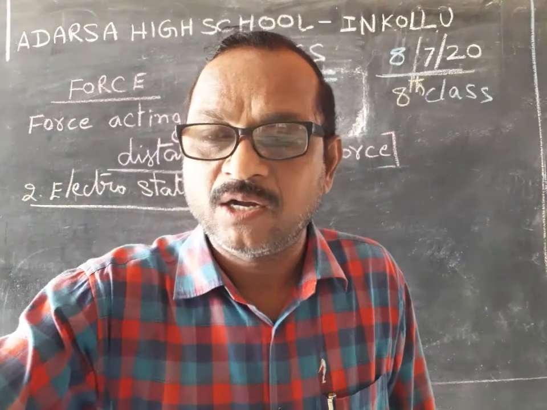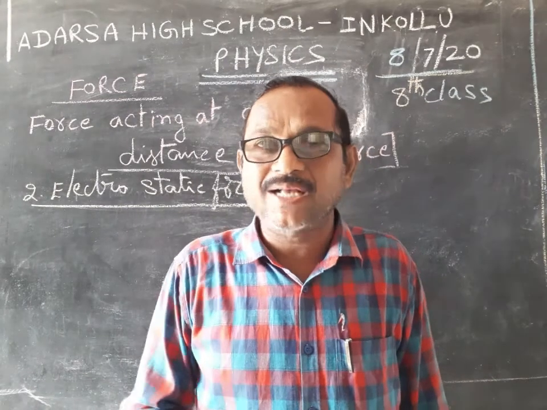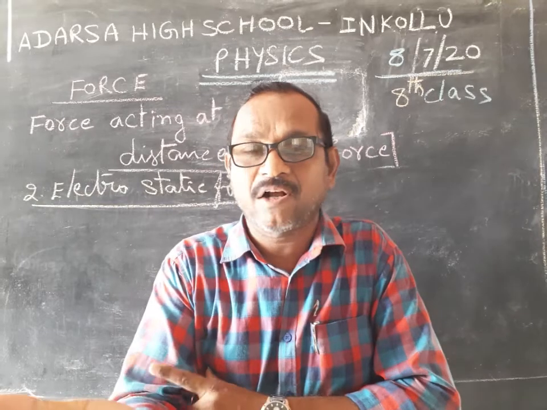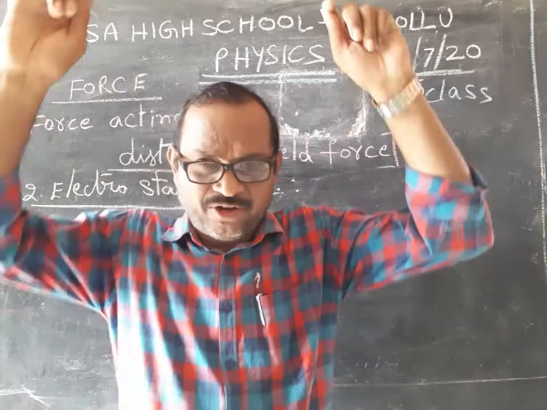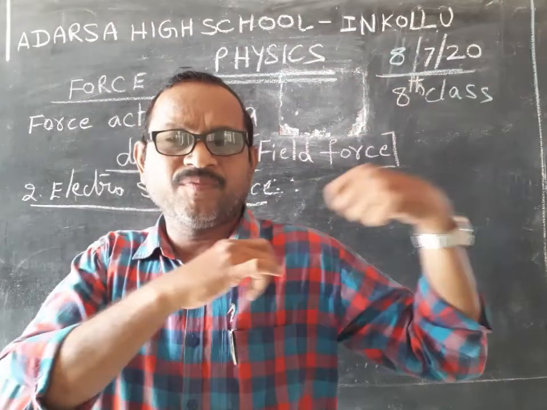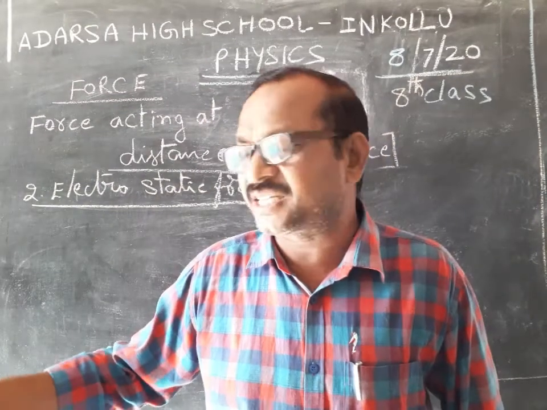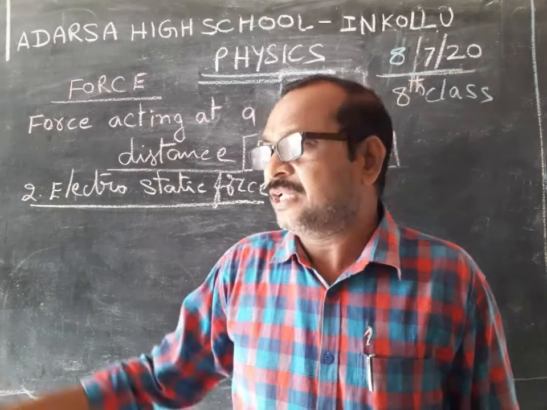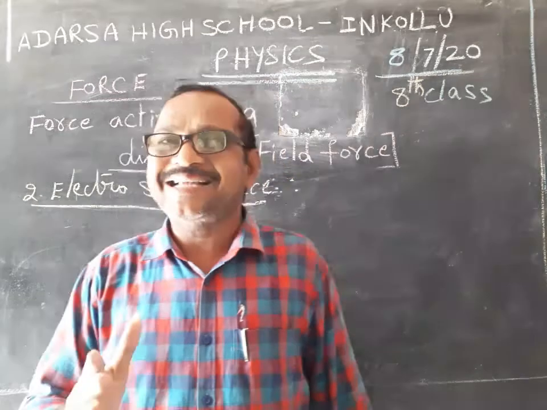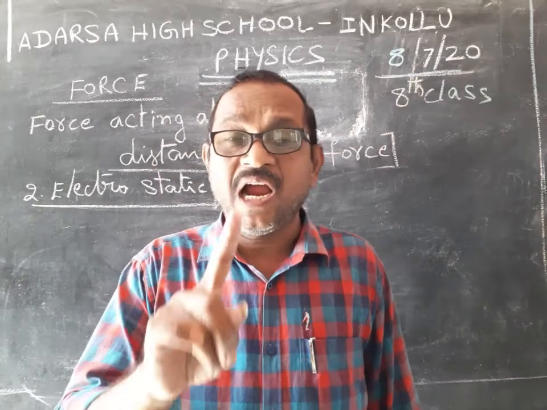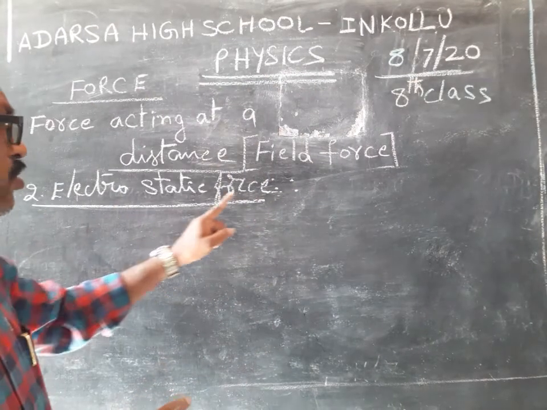A schoolboy coming that side sees the 10 rupee note and asks for a plastic scale, a Nataraj plastic scale, from his friend. He rubs that plastic scale on his dry hair or his shirt or pant and shows that Nataraj plastic scale to the 10 rupee note. The 10 rupee note is attracted and touches the plastic Nataraj scale. This is the advertisement. It is also a best example for the electrostatic force.